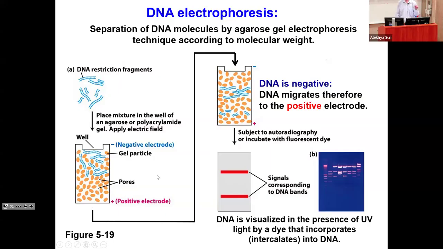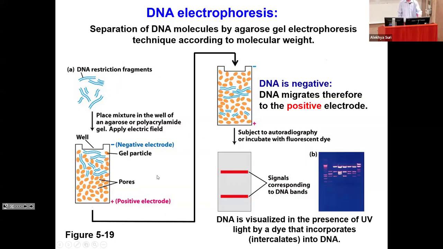Once you have the DNA, you want to look at the size of, for example, the DNA fragment that you have cloned. So you would, for example, digest the DNA with a restriction enzyme, and then you would run it out on an agarose gel.